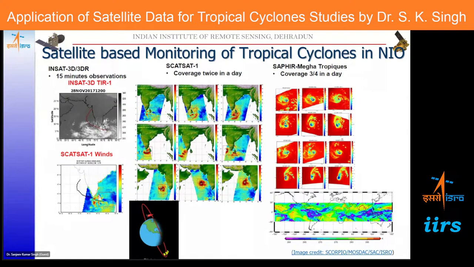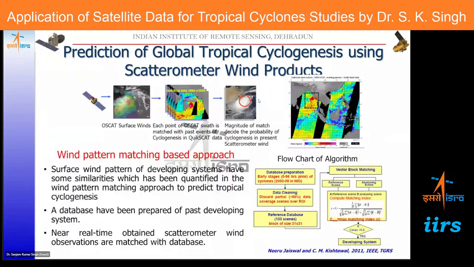Scatterometer winds can also be used to detect the cyclogenesis of the tropical cyclone. Cyclogenesis is the formation of the tropical cyclone. In a study by Cristobal in 2011, they took the scatterometer wind data and prepared a database from 2000 to 2008.